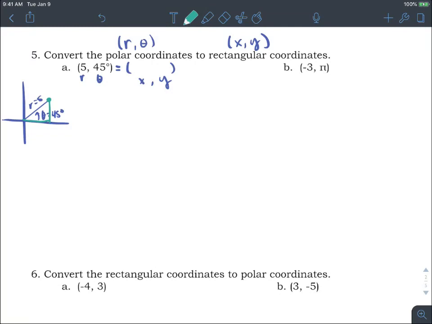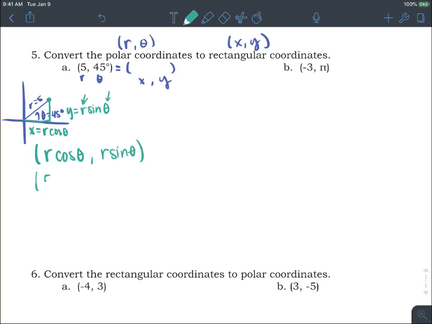What I remember is that x is equal to r cosine theta, and y is equal to r sine theta. I know what r is, and I know what theta is, so I can just plug them in. I'm going to write this as an ordered pair. So our x is equal to r cosine theta, and y is equal to r sine theta.